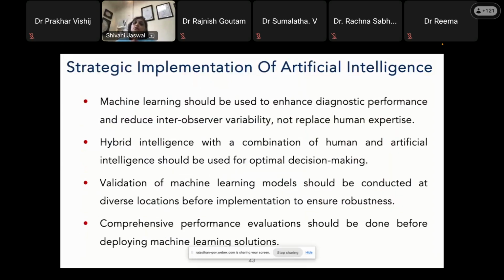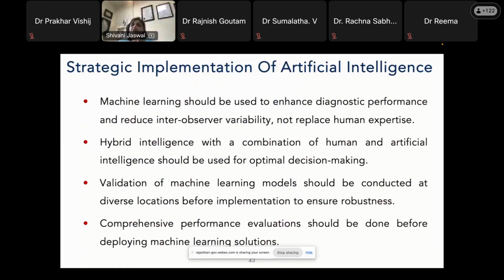If you really want to go into this implementation, it has to be used to enhance the diagnostic performance and not replace the human expertise. Human skills, human expertise will always stay before these tools. Which tool has to be used, in what way it has to be used, how it has to be validated, this is all in our hands.